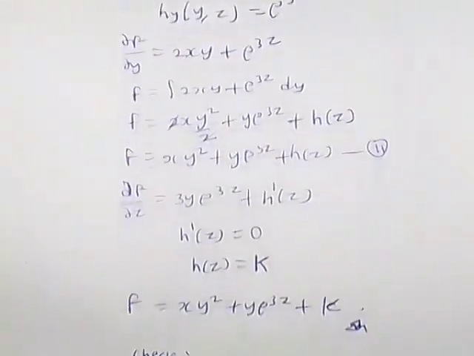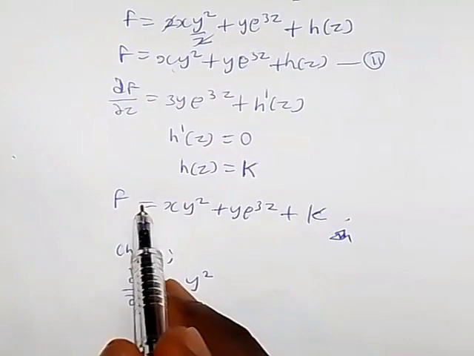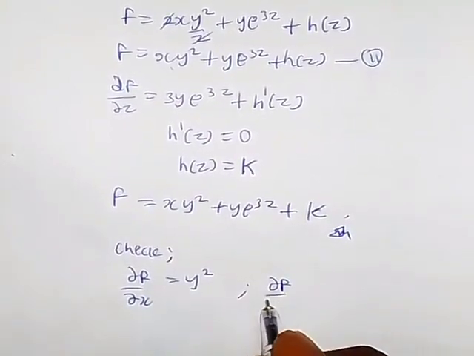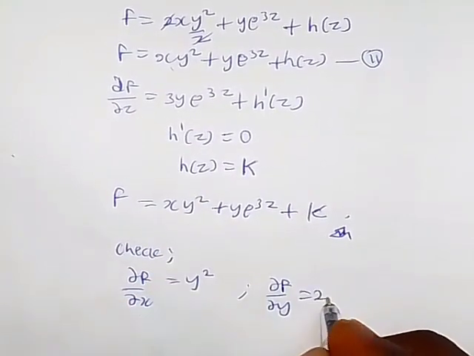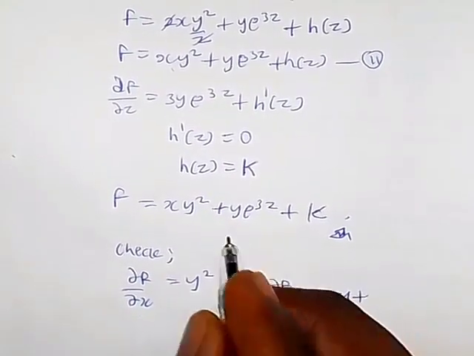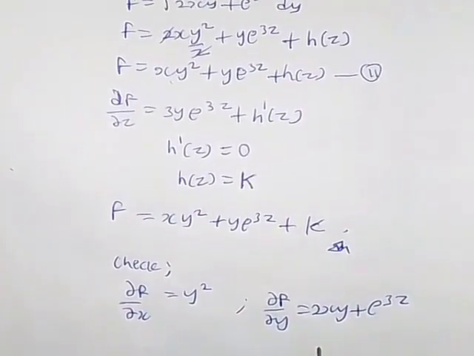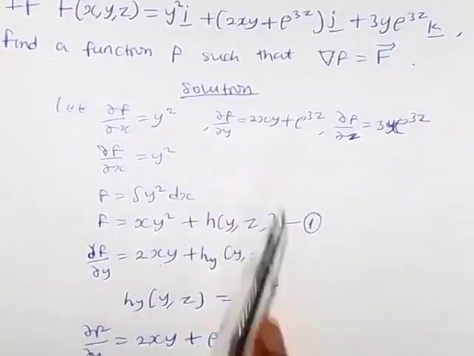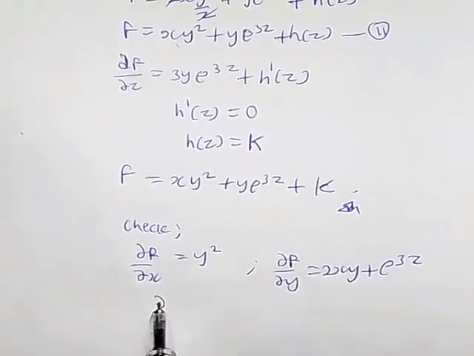So let's say we take a derivative with respect to y also. So we have, this will be 2xy plus exponential 3z. So let's compare. You can see we have 2xy plus exponential 3z. So let's also differentiate with respect to z.